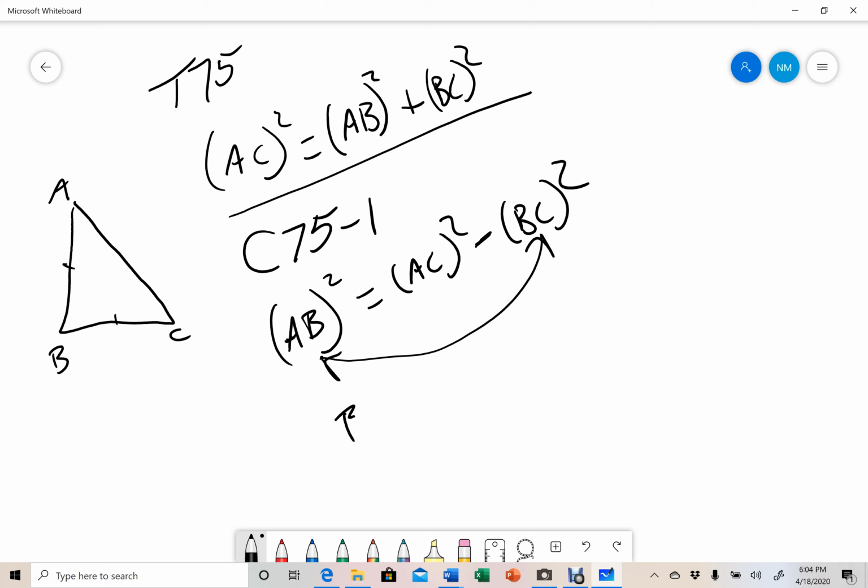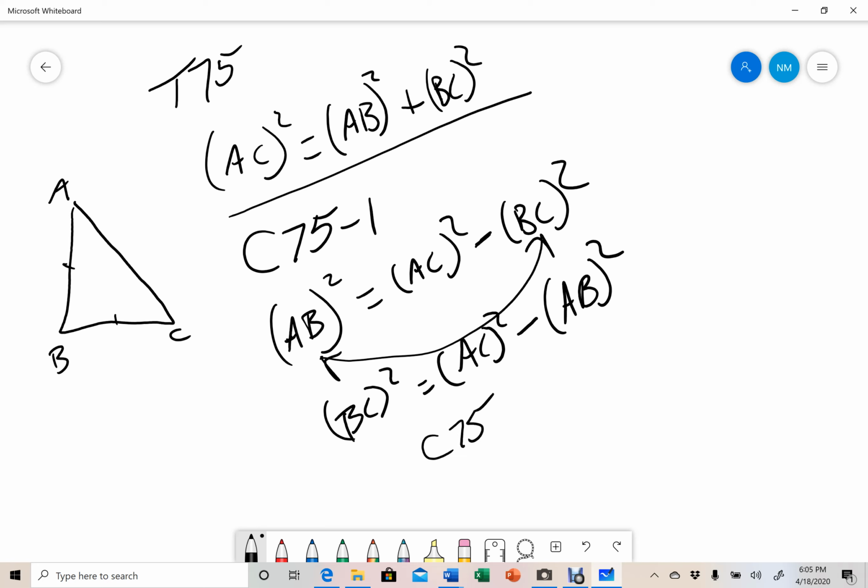So I can say that BC squared is equal to my hypotenuse squared minus my other leg squared. So the corollary is saying I can take either one of these legs, square it, and it's going to be equal to the measure of my hypotenuse squared minus the measure of my other side squared. So that's what corollary 75-1 states.